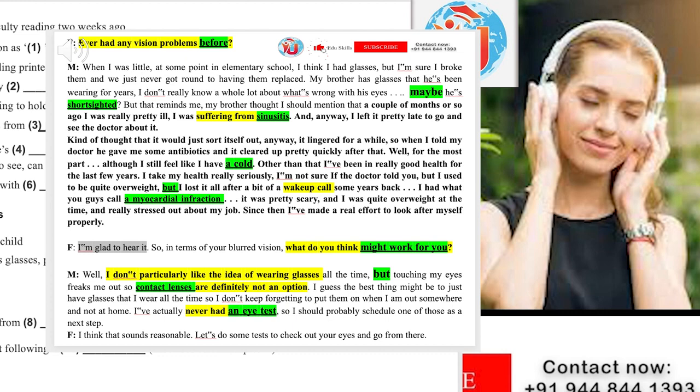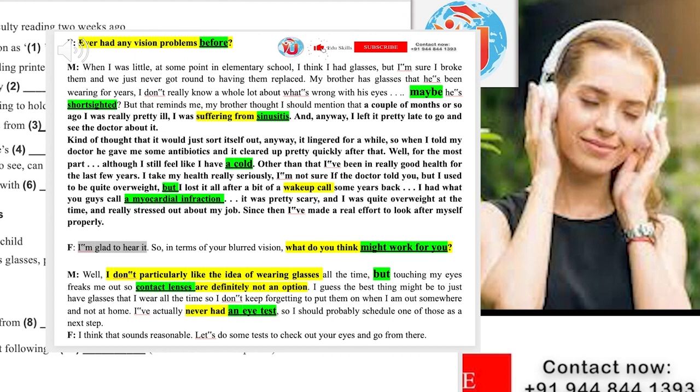I'm not sure if the doctor told you, but I used to be quite overweight. But I lost it all after a bit of a wake-up call some years back. Hmm. I had what you guys call a myocardial infarction. It was pretty scary, and I was quite overweight at the time and really stressed out about my job. Since then, I've made a real effort to look after myself properly. I'm glad to hear it. So, in terms of your blurred vision, what do you think might work for you?